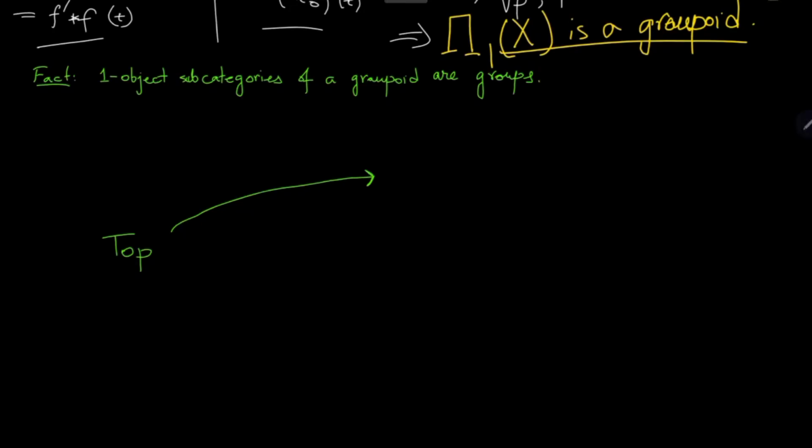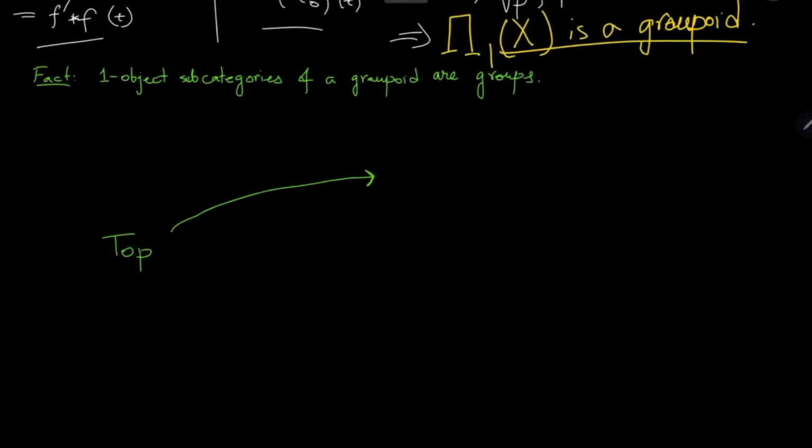Okay, so the lack of imagination, the lack of creativity here is just absolutely fabulous. The category of all groupoids is called GRPD, groupoid. Okay, fine, it's fine, we can do with that.